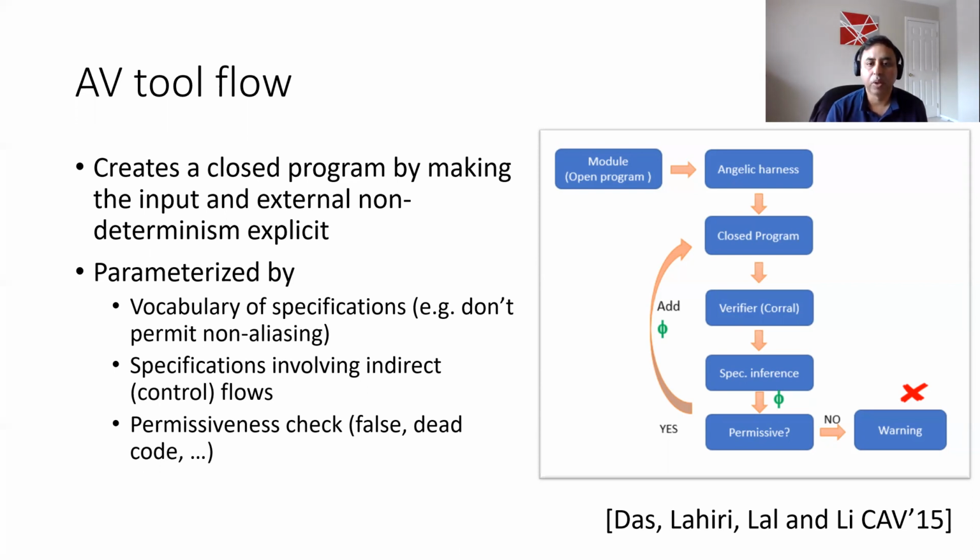Or you can also talk about whether we include indirect flows in the specifications, whether you use control flows to block the errors, or do you just treat the control flows as non-deterministic for the purpose of blocking? And then there are various notions of permissiveness. So this was the tool that we prototyped a few years back.